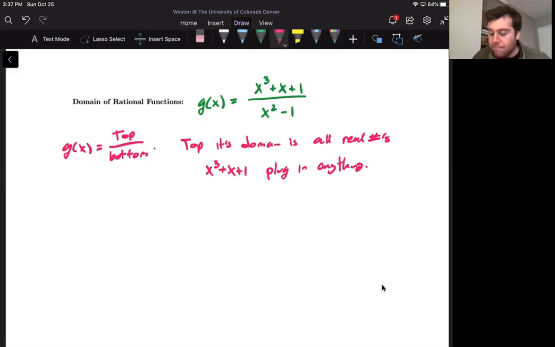For the bottom, again, we can plug in anything and get meaningful output, but the bottom we're thinking about as division. And what's the one thing we can't do with division? We can't divide by 0. So we want to be sure we don't divide by 0.